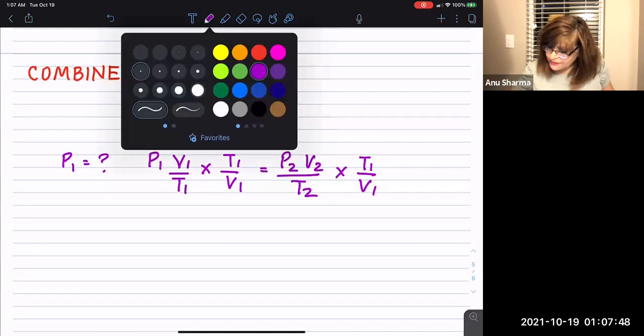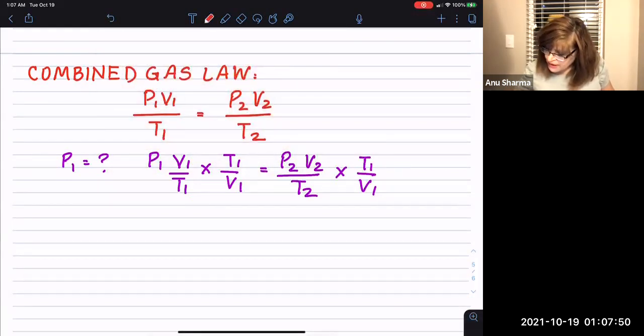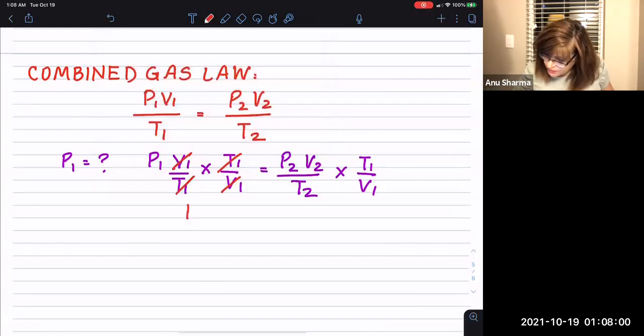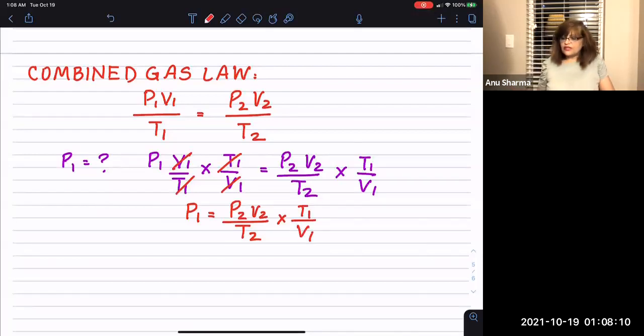In this case, when you do this transformation, you get rid of the V1 and T1 from one side and bring them to the other side. So this is how your formula becomes P1 is equal to P2 V2 over T2 times T1 over V1. So that will give you the pressure.